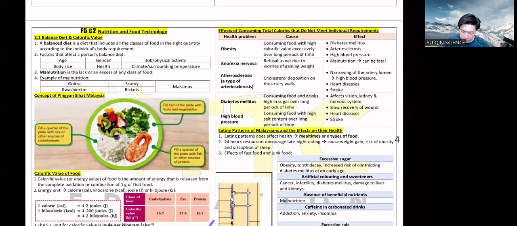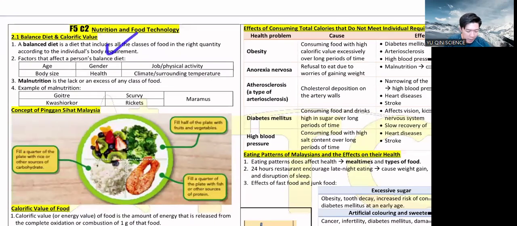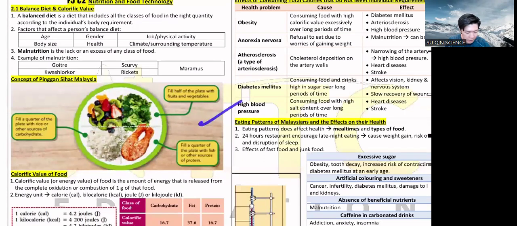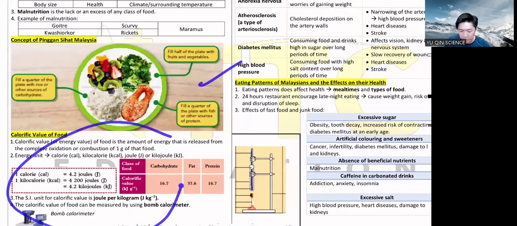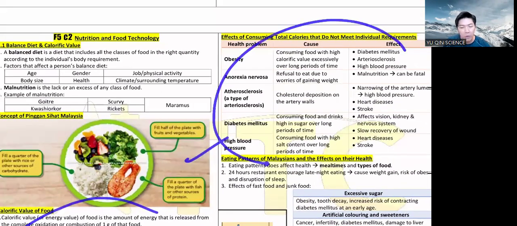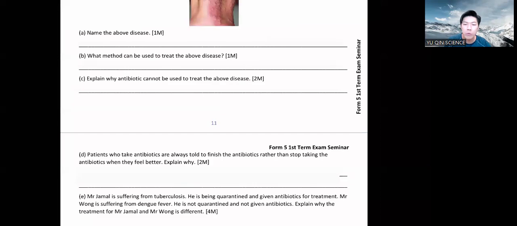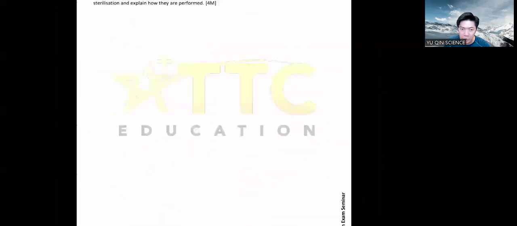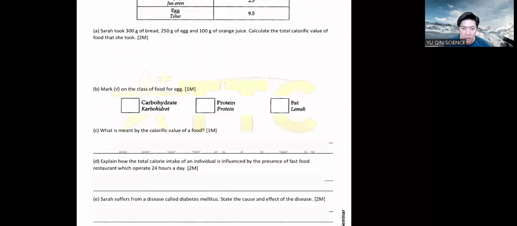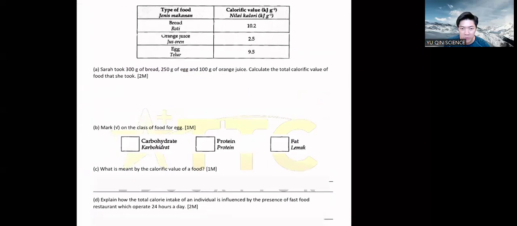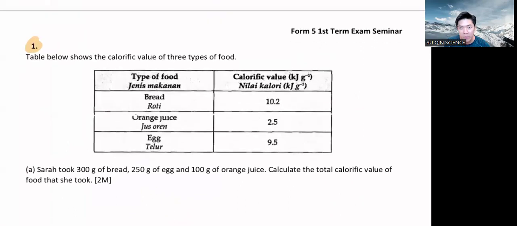First is about balanced diet, what factors affect your balanced diet, like your age, your gender, and the Pinggan Sehat Malaysia, and then we have some calculation, and then some health issues. We'll come back if we need to. So the first one, question 1, page 15.